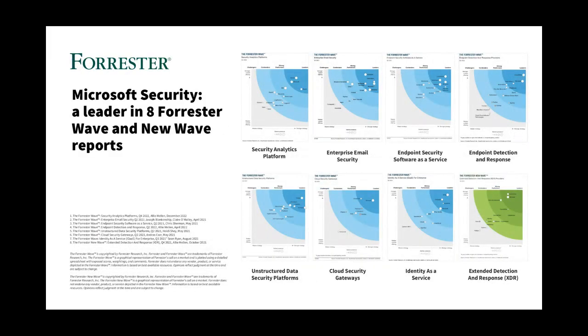Forrester has also recognized Microsoft as a leader in 8 of the Forrester Wave and New Wave reports, such as Security Analytics Platform for Microsoft Sentinel, Enterprise Email Security for Microsoft Defender for Office 365, and Extended Detection and Response, or XDR, for Microsoft Defender. Recognition from both Gartner and Forrester really shows the strength in the Microsoft Security portfolio across security, compliance, identity, and management, and many customers are putting their trust in Microsoft Security for their comprehensive protection.